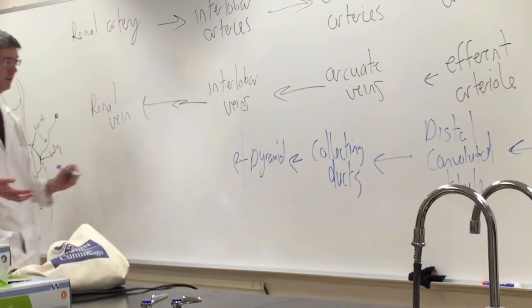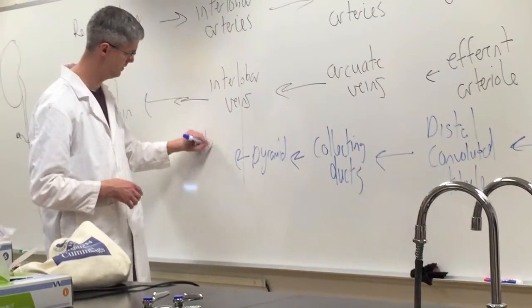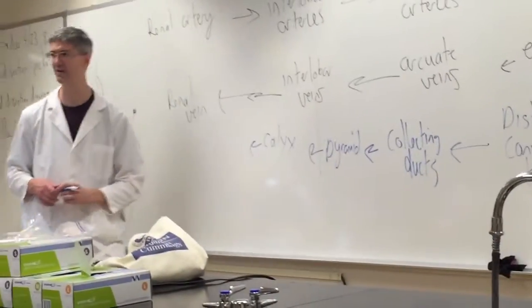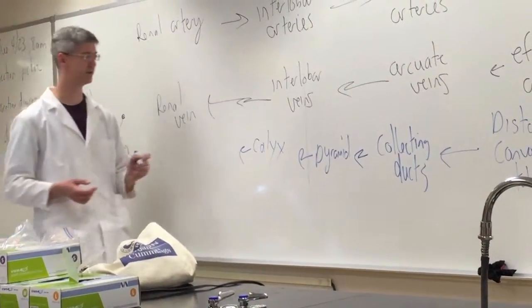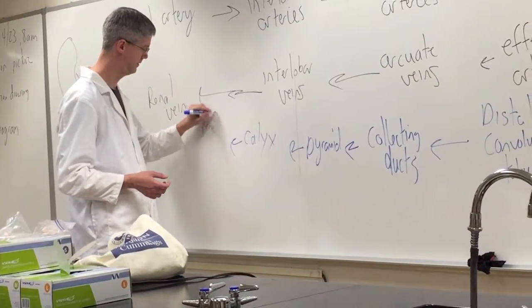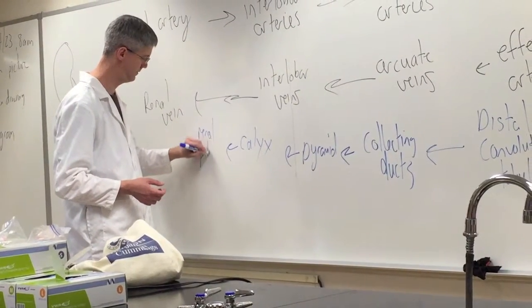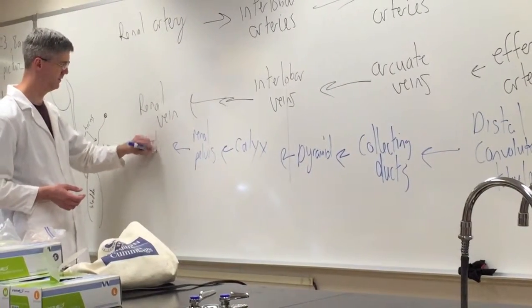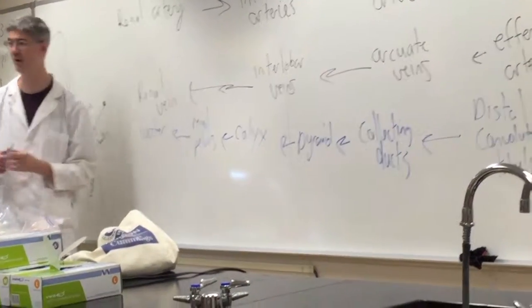A renal pyramid dumps the urine into a calyx. The calyces join together to make the renal pelvis. And the renal pelvis sends the urine out through the urethra.